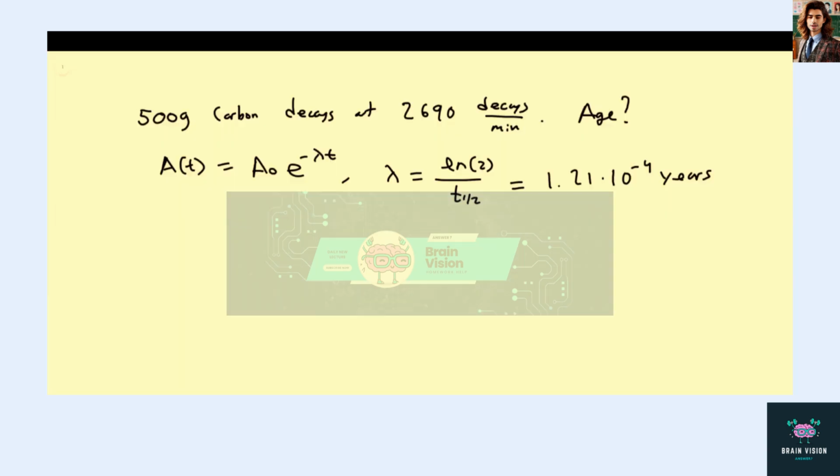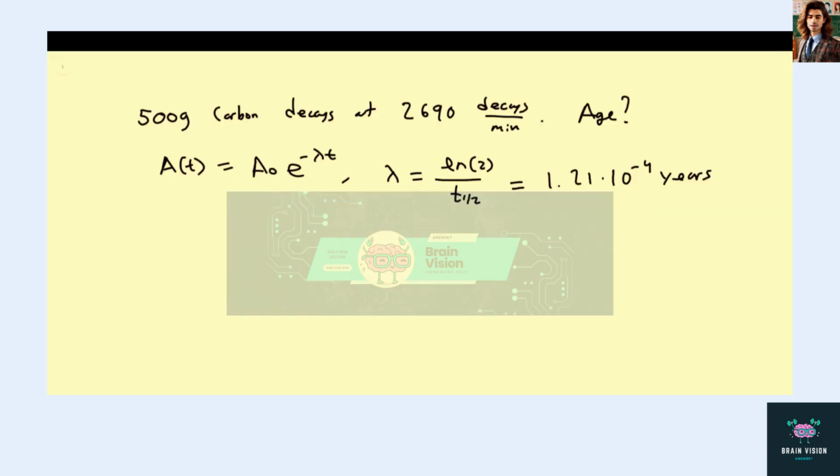Now the next thing we want to calculate is the activity in becquerels per kilogram for this particular sample. Because we have 500 grams of carbon decaying at 2690 decays per minute, the activity is equal to the number of decays per minute over the mass of our sample, which is 0.5 kilograms or 500 grams.